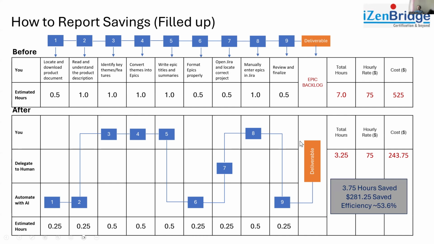There are certain activities that we are still involved in. There are certain activities where our team members are involved. And once you have that breakup in place, then you would be able to show that approximately this is what could be the savings that we are seeing. And it's good to show this to the senior management, because then they also appreciate that with the adoption of this new technology, we are able to see certain amount of improvements.